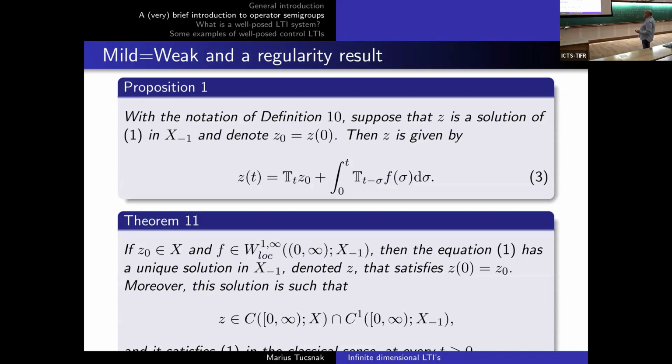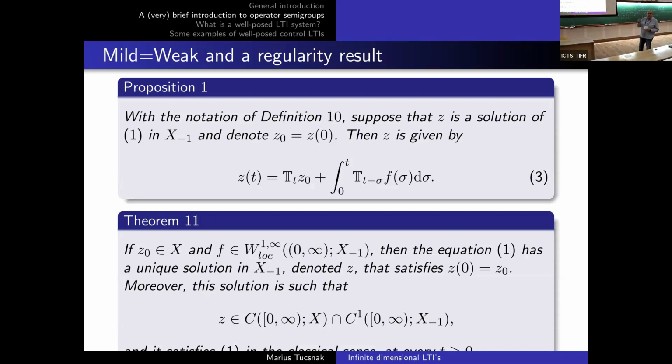So we have a theorem, a proposition, which says that for every initial data in X_{-1}, I have a unique solution in X_{-1}, in the sense of my first definition, which is given by the variation of constants formula. This was considered as a very big difficulty at a certain moment.